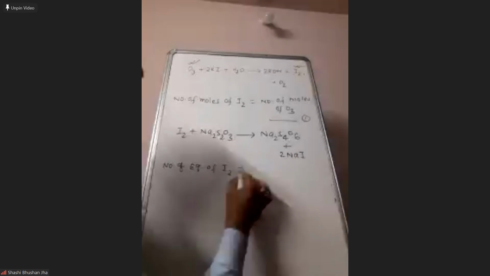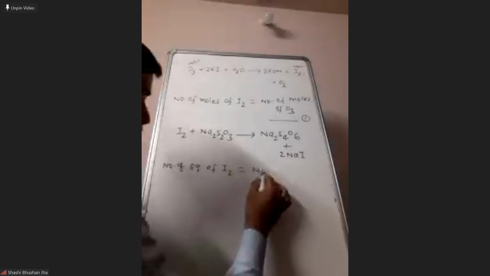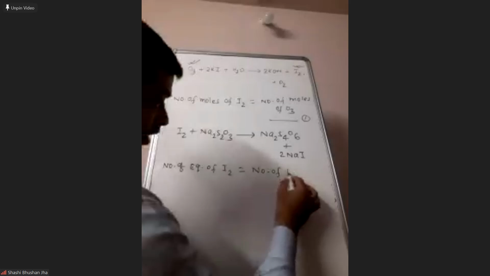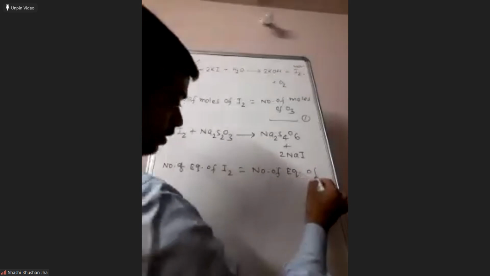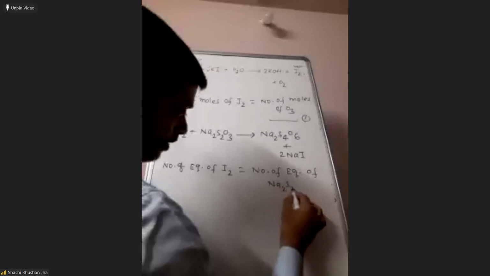So the number of equivalents of iodine will be equal to the number of equivalents of sodium thiosulfate.